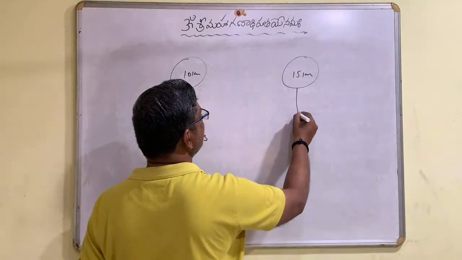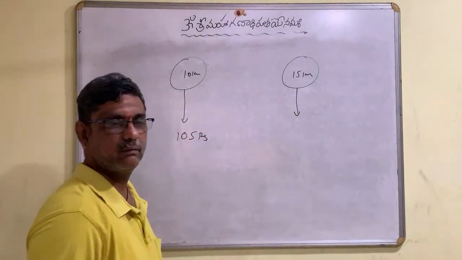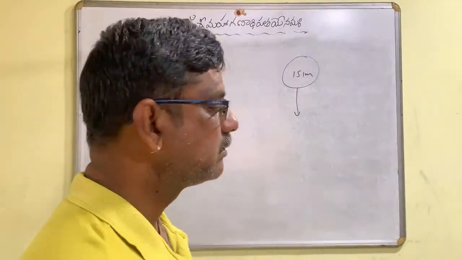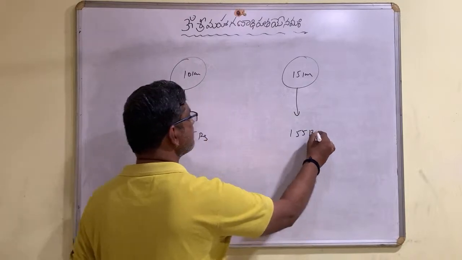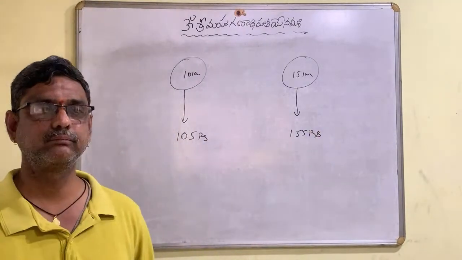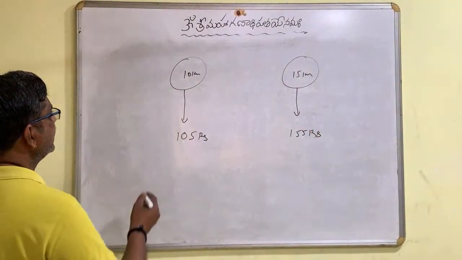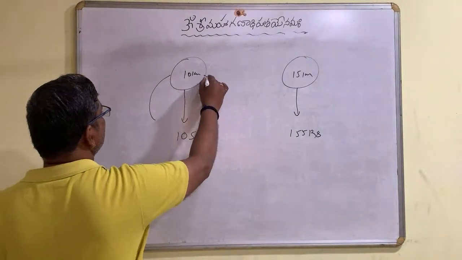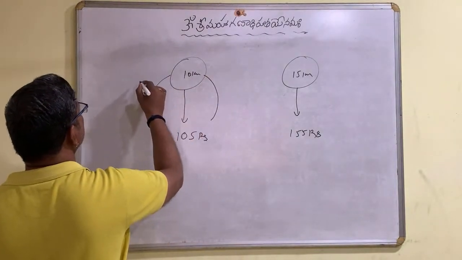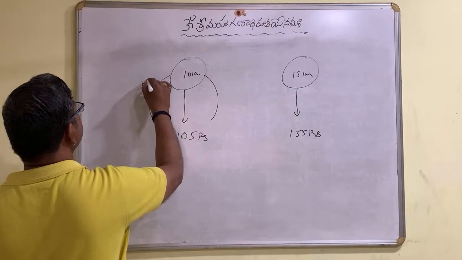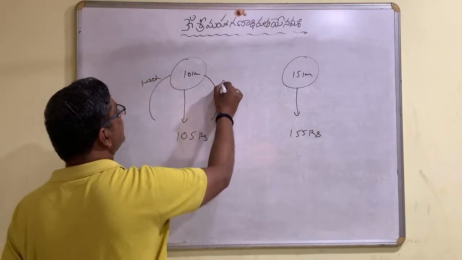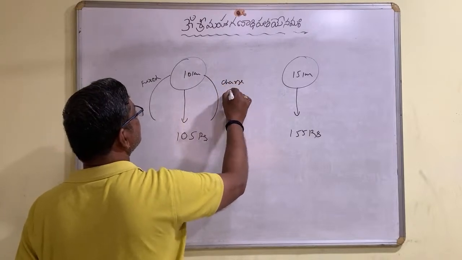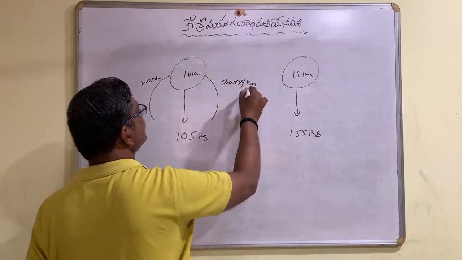And for a distance of 15 kilometers, he has to pay 155 rupees. But this charge will be in two ways. One is fixed charge, the other one is charge per kilometer.